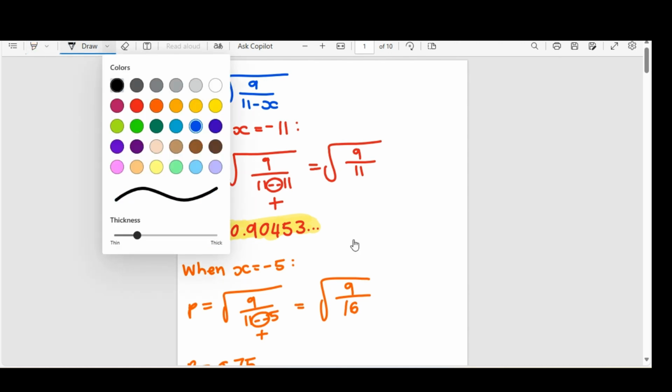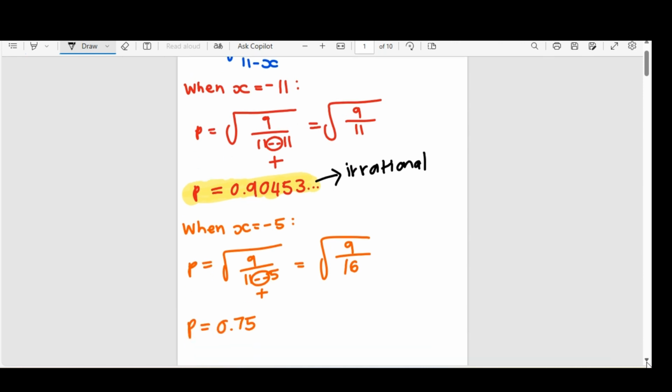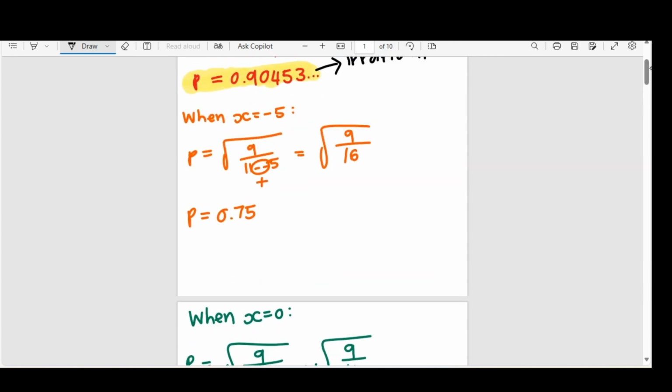So let's label these in black. This one is going to be our irrational number. And then we had one that was very similar, that also kept recurring. So this one is also going to be irrational. We had our non-real answer here. And then finally, we have that 0.75. If the decimal ends really easily like that, that is usually a rational number.